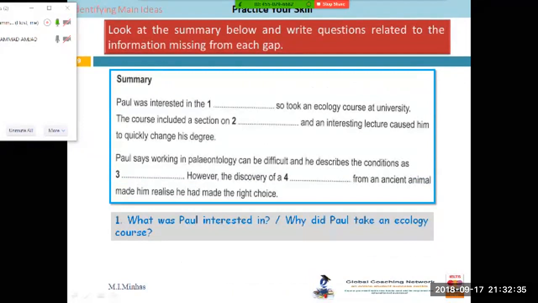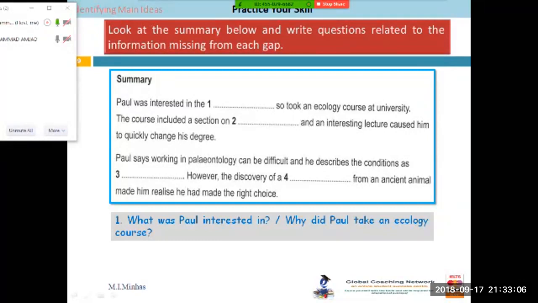So now, here is a summary completion task below. I want you to please read through this, and then we'll try to look at this summary completion task in a different format. Paul was interested in the dash, so took an ecology course at university. Here, we have to look for his interest, obviously, what he was interested in.